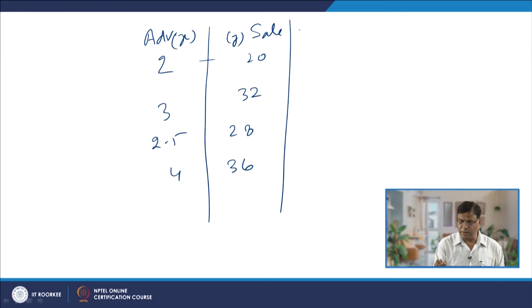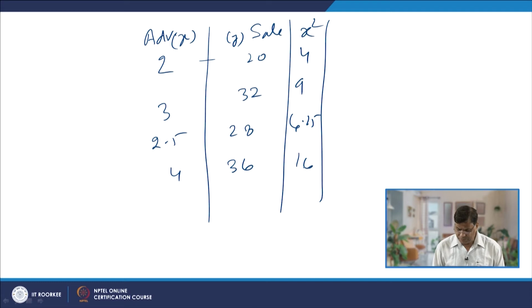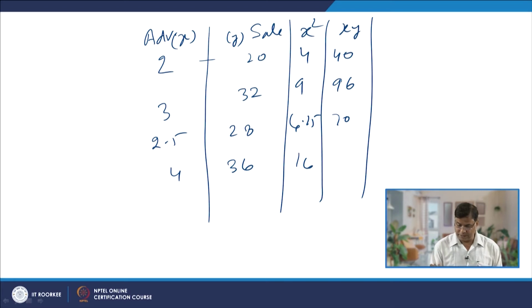So, x square will be 4, 9, 6.25 and 16. Then x into y will be calculated: 20 into 2 is 40, 32 into 3 is 96, 28 into 2.5 is 70, and 36 into 4 is 144.